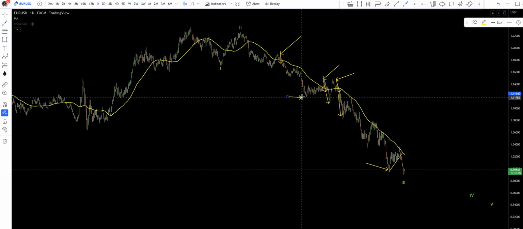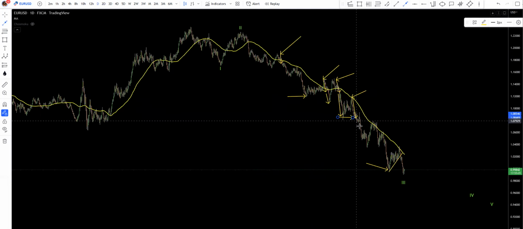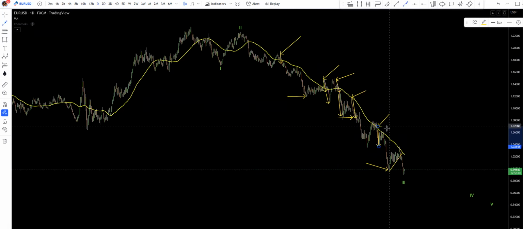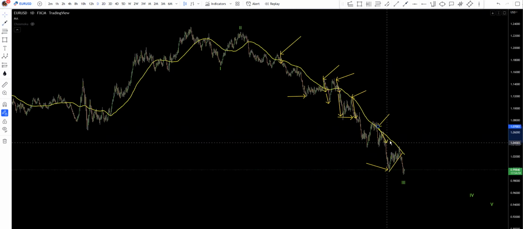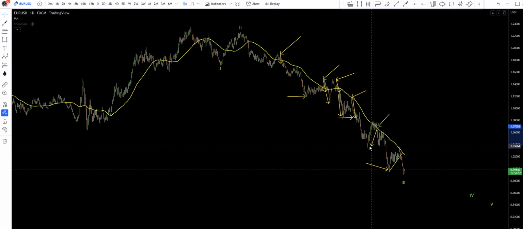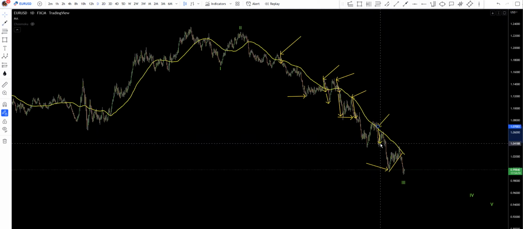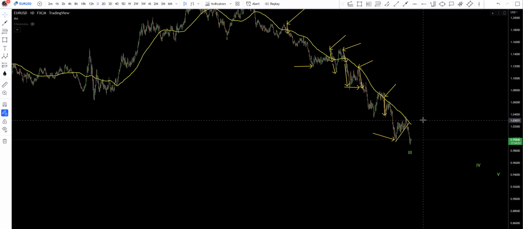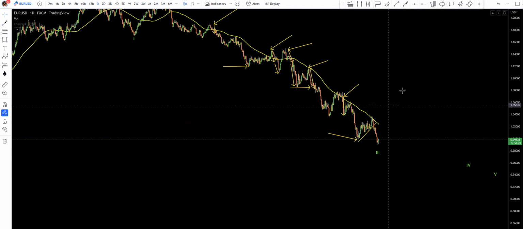It drops and breaks the previous low. So price action breaks the previous low. See that? Breaks the previous low. Well, almost broke the previous low, somewhere at the close of this candle over here. Then it pulls back, then it drops again. So at this point in time, it was important to wait for the pullback.